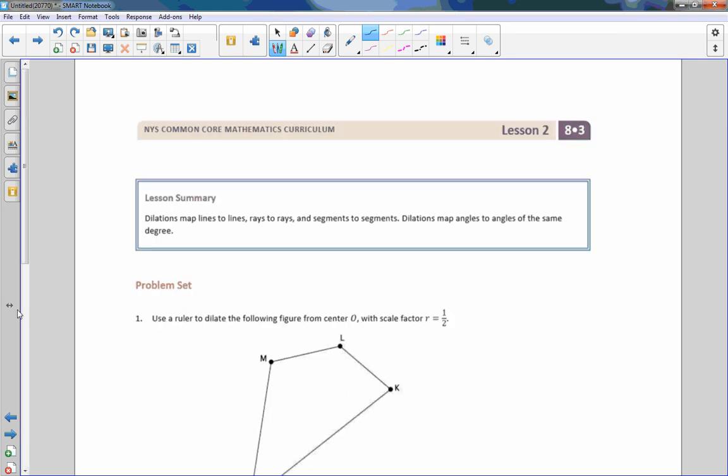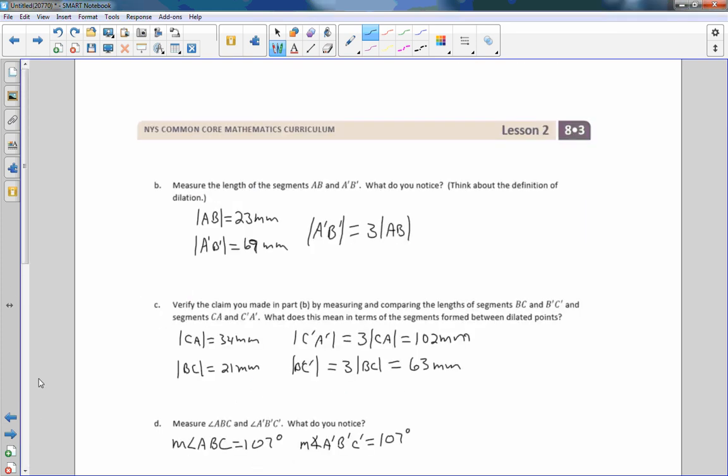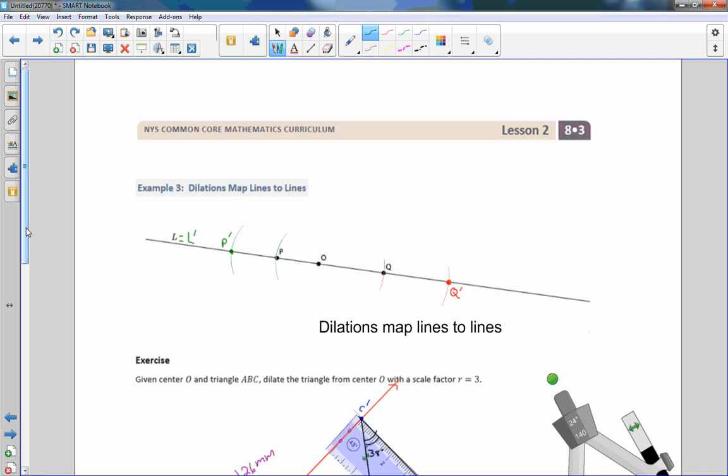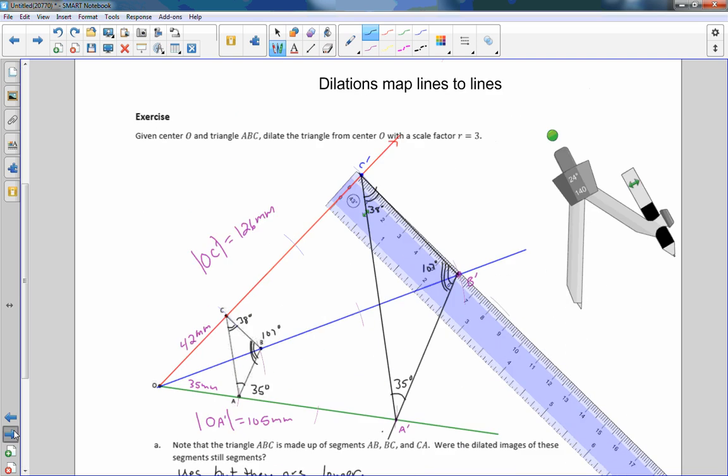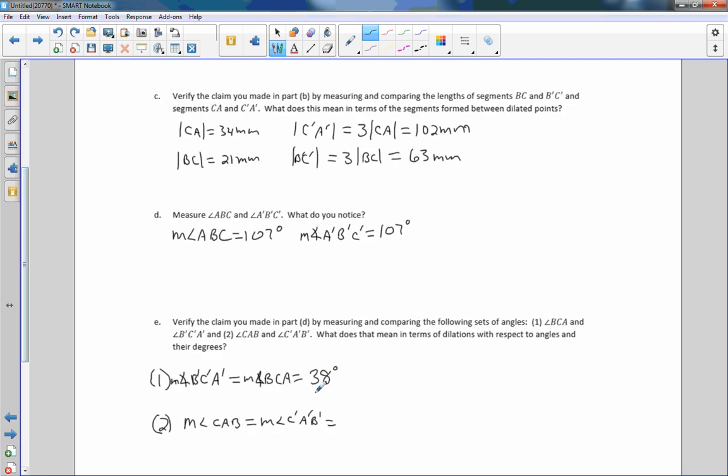And that made the other angle 35 degrees. Okay, so the measure of the prime angle and the original angle are the same all the way throughout.